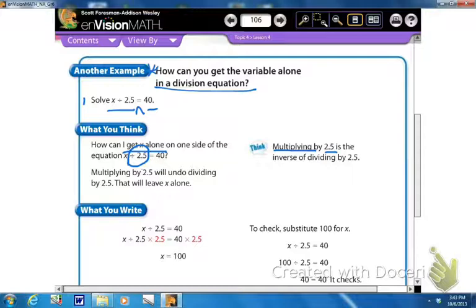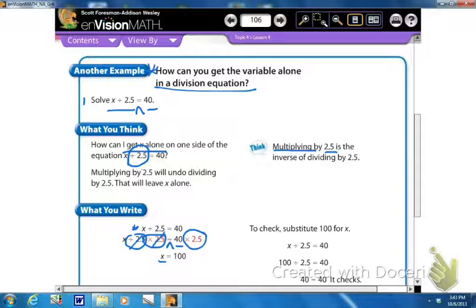So here's what you would write. x divided by 2.5 equals 40. So again, because we're dividing by 2.5, we're going to do the opposite operation, which is multiplying by 2.5, which would then cancel that out, leaving you just with x on the left side. But the equal sign is that balance, so what we do to the left, we have to do to the right. So 40 then has to be multiplied by 2.5.